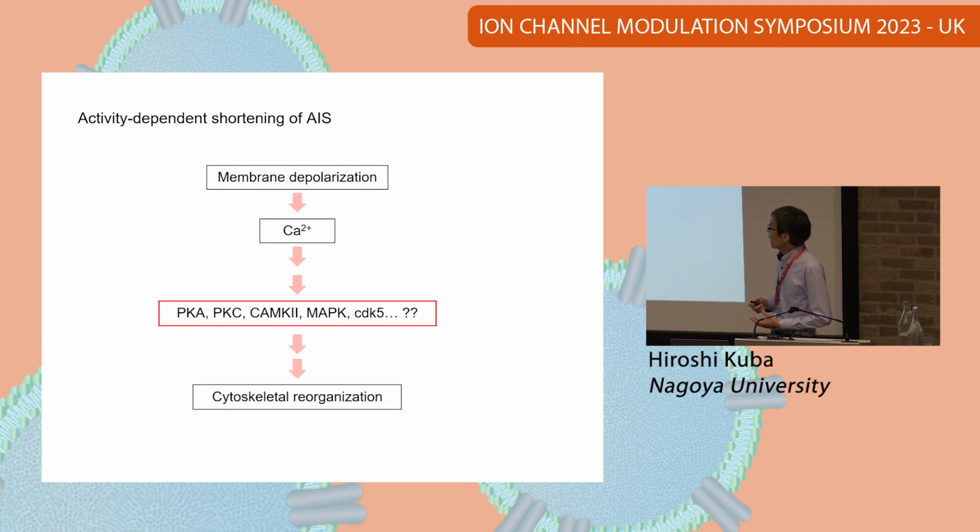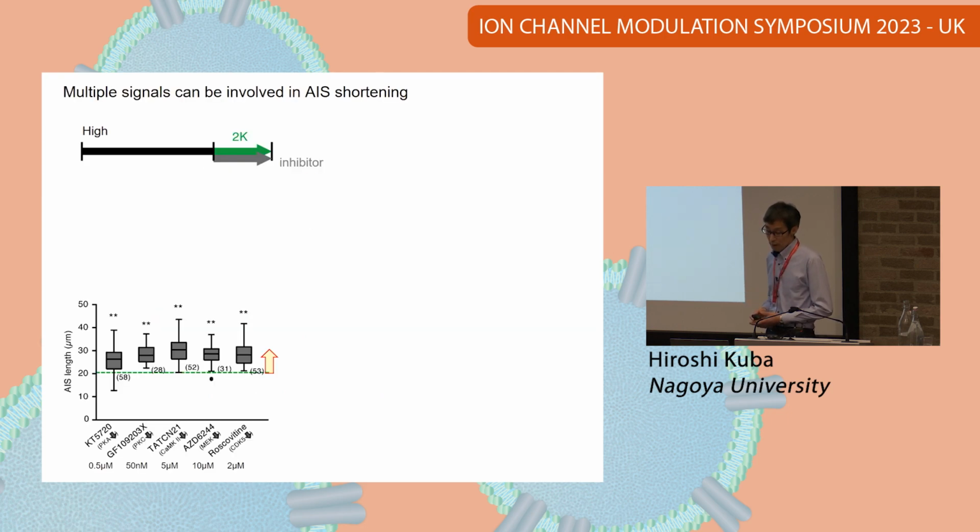So we then explored the intracellular signals of AIS shortening downstream of calcium. We added specific kinase inhibitors during the high potassium treatment and found that most of the inhibitors also occluded the AIS shortening.